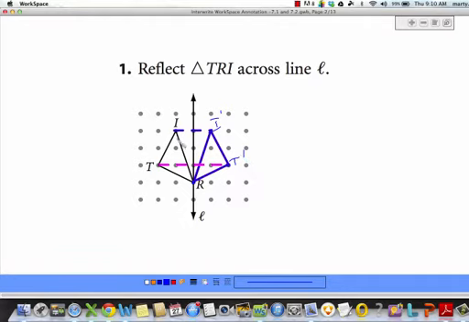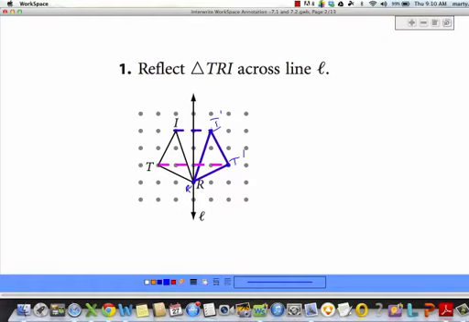If the triangle TRI is the pre-image, then the image is T prime, R prime, and I prime. So one of the big things is the point, the pre-image and the image, the segment connecting them, they're perpendicular bisectors as we reflect them over.